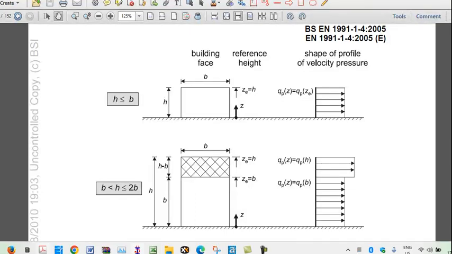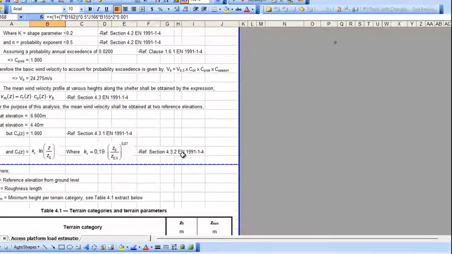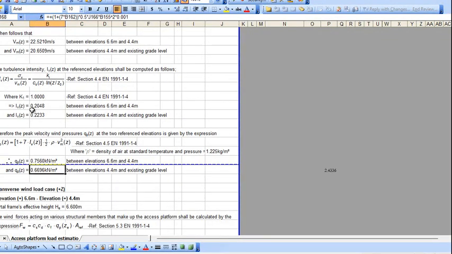So in the derivation of your wind load, your velocity profile is going to be evaluated at one elevation. So that velocity profile and your turbulence intensity are going to be calculated. You look at turbulence intensity as a function of Z over Z0.